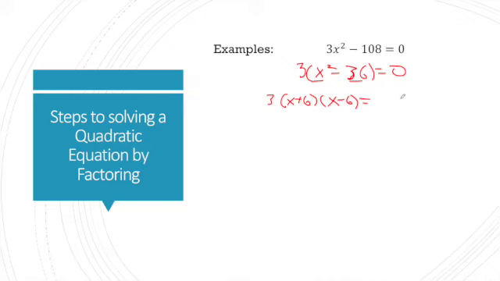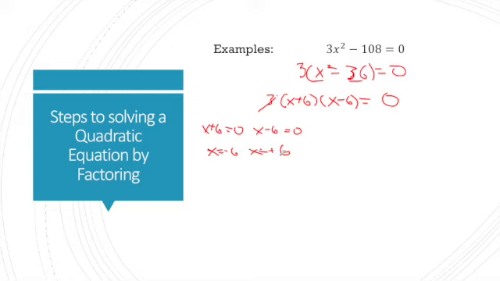equals 0. I can ignore this constant, but I take x plus 6 equal to 0 and x minus 6 equal to 0. So I'm going to find that x is negative 6 and x is positive 6.